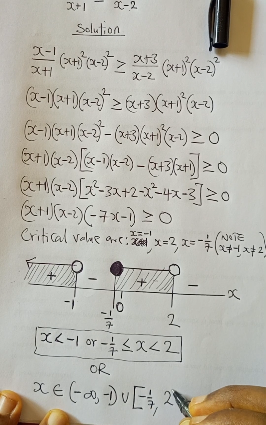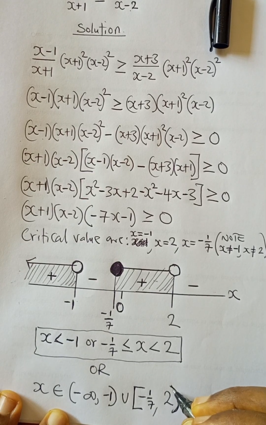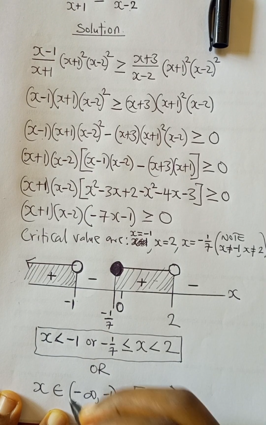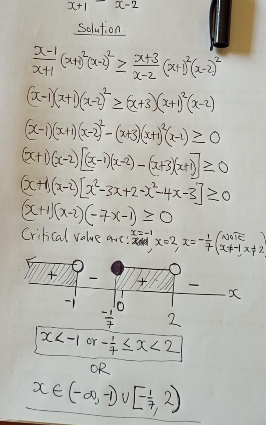To before 2, like this. Not like this one. So this is another way to present it. This is the valid range for this inequality.